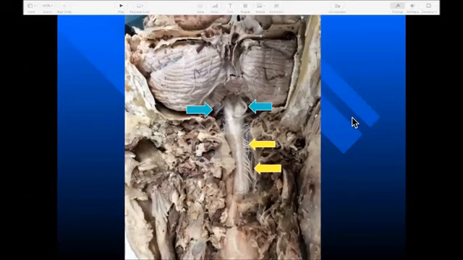In the craniocervical junction, we can see, of course, the cerebellar structures here. We can see the spinal cord. At the turquoise arrows, we can see the vertebral arteries and that sort of tortuous hairpin turn that they take at C1, the atlas vertebra, and we can also see the nerve roots emerging from the cord.